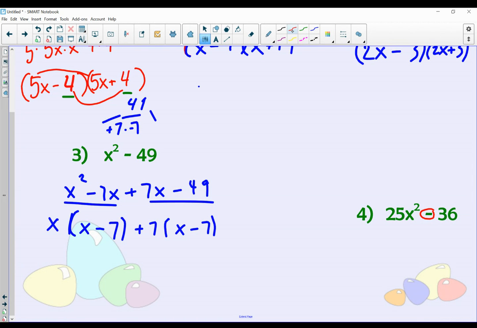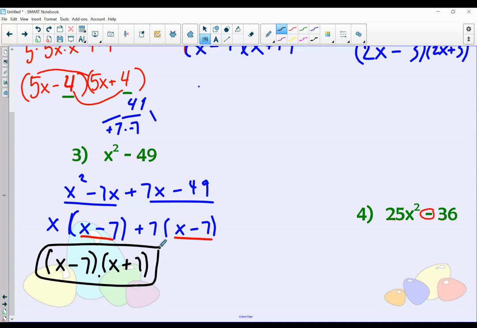And now I see the thing that we keep looking for when we do factoring by grouping, that I end up getting two matching terms. So now I factor that out, x minus 7, and I am left with x plus 7. Okay, so same thing as up top, just a little bit longer.